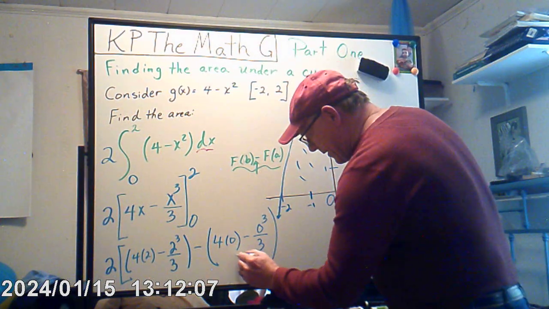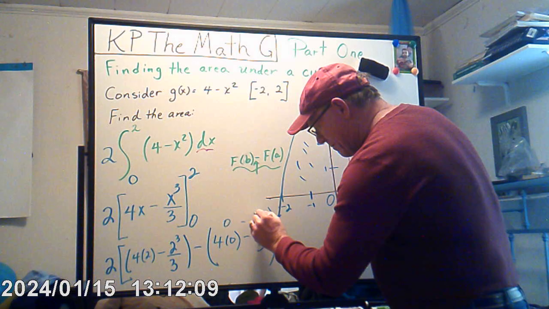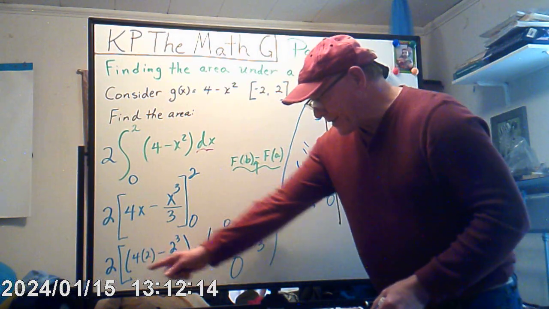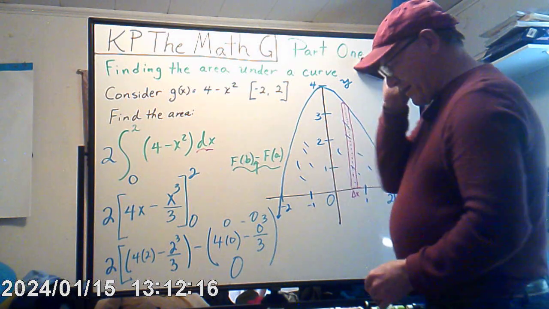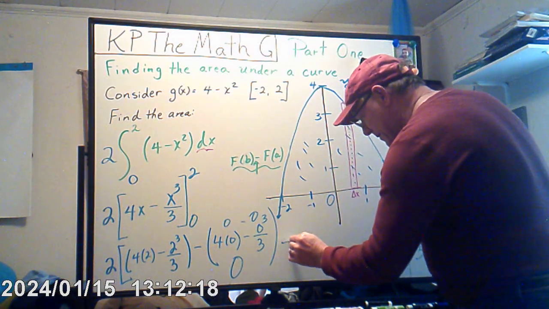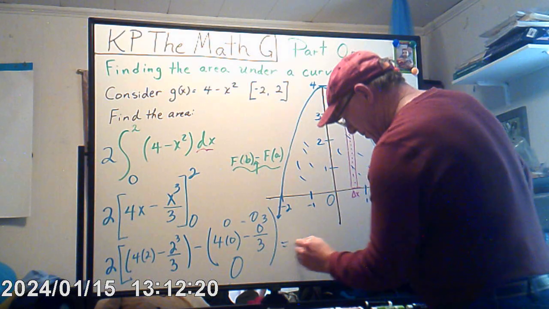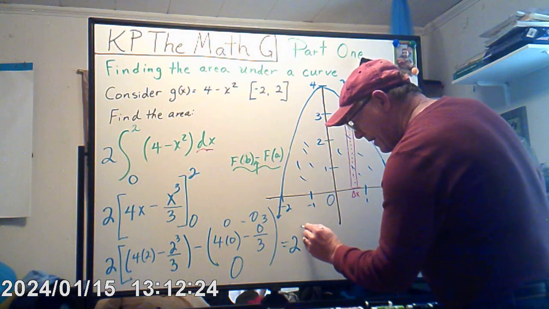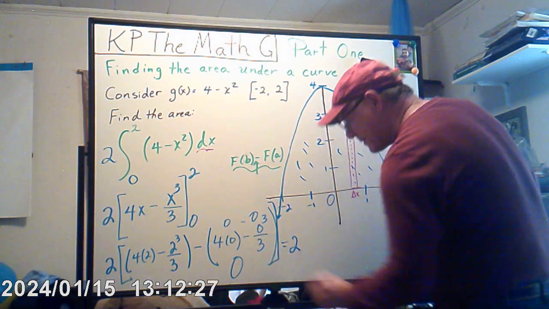Again, all of this is just 0 minus 0, which is just 0 here. All I want to find is this. So that's equal to, for a 2, put that 2 on the outside, don't forget it.